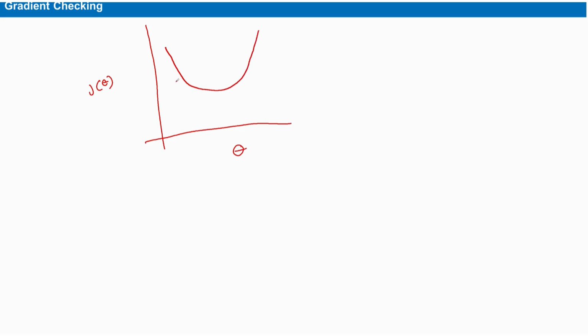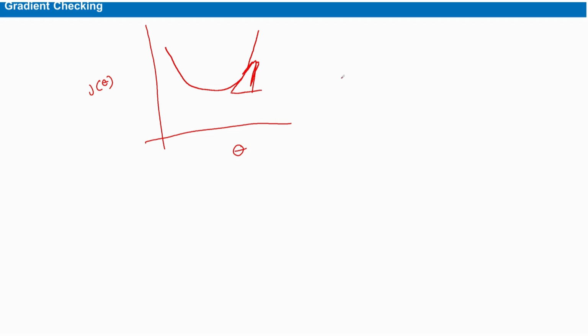Here, the derivative of the cost function is nothing but the tangent, as I told in the first lesson, the slope of this cost function.